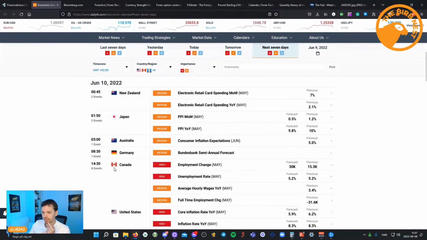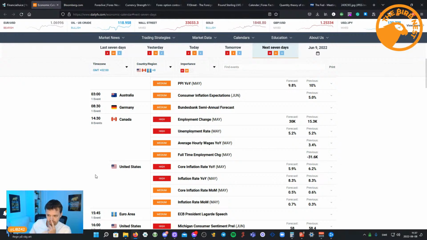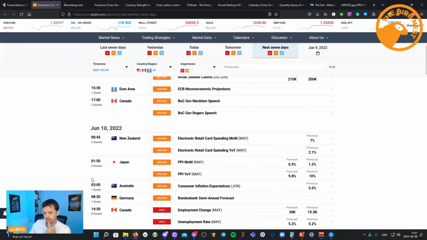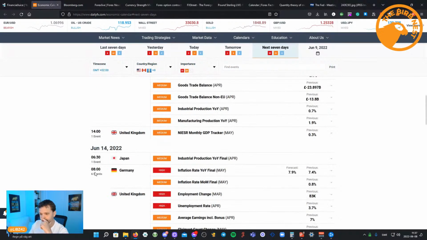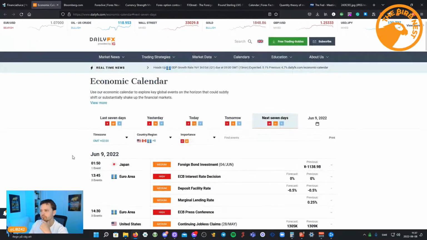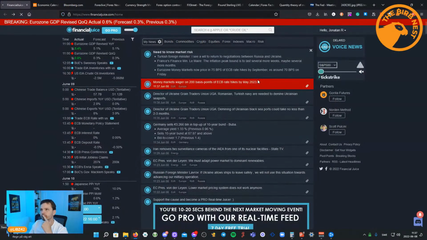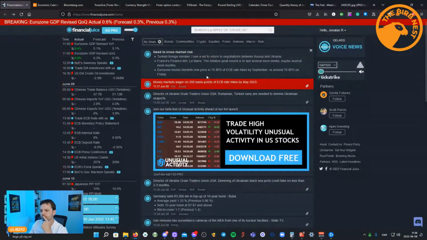So got to be careful around that time. And then we got CPI. I think that's CPI, right? Got inflation rate for America tomorrow, which is a big thing, obviously. So yeah, we have quite a lot of stuff going on starting tomorrow. So we got to be careful with whatever we're doing tomorrow. Just gonna make sure to remember to check the news events if entering anything tomorrow or if I'm in any positions tomorrow.